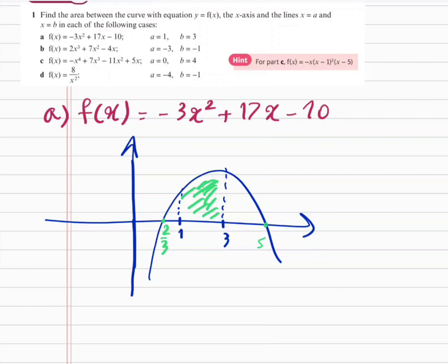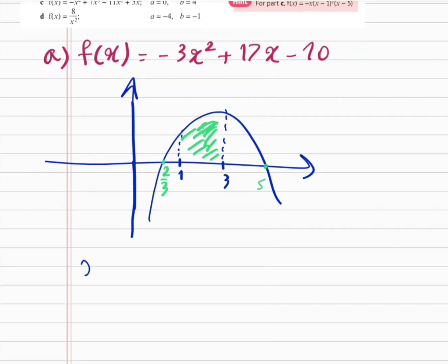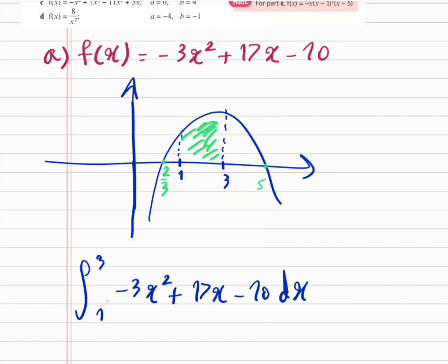So all we need to do is solve this integral, the integral of f of x, which is minus 3x squared plus 17x minus 10 dx, integrated between 1 and 3.